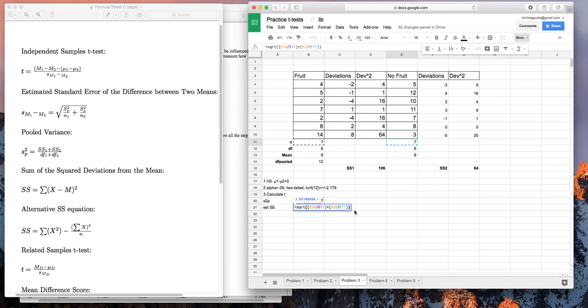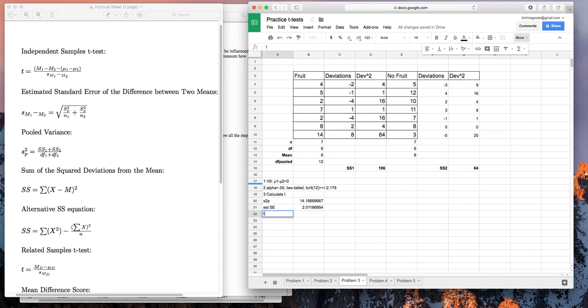And then that entire quantity in parentheses, pooled variance over n1, then plus in another set of parentheses pooled variance over n2. That entire quantity is also parenthesized to follow the square root function, which means we're taking the square root of this entire quantity after we first divide, then add, then take the square root. All right, you should get this.